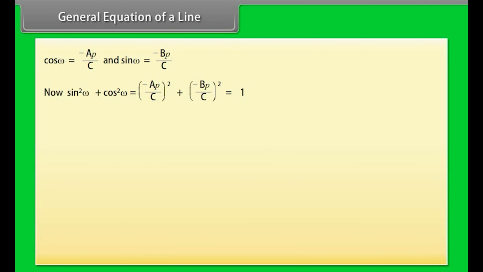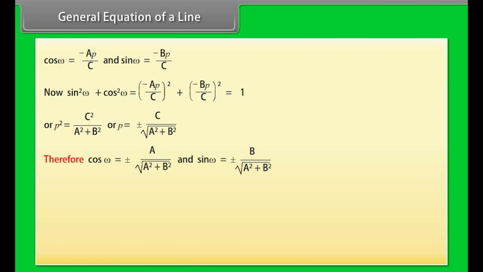Now sin square omega plus cos square omega is equal to 1, so minus ap by c whole square plus minus bp by c whole square is equal to 1, or p square is equal to c square by a square plus b square, or p is equal to plus minus c by square root of a square plus b square.